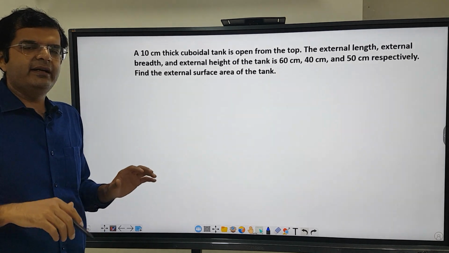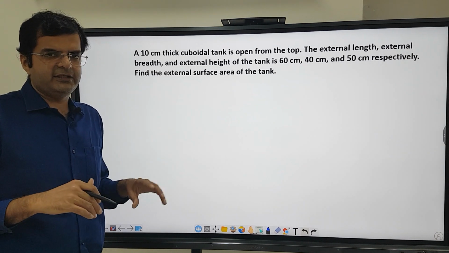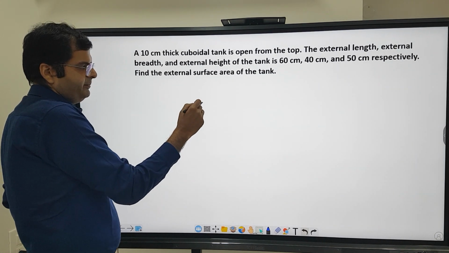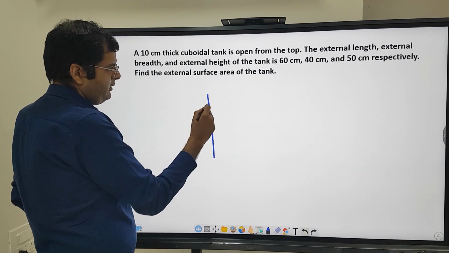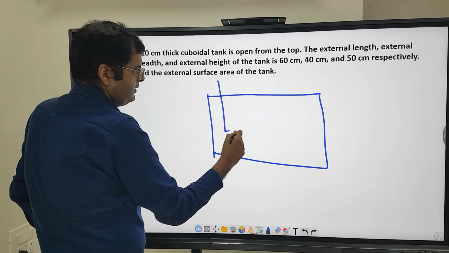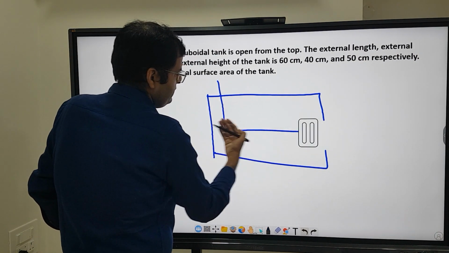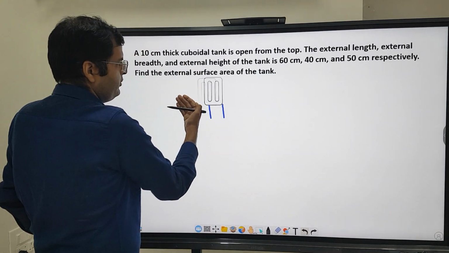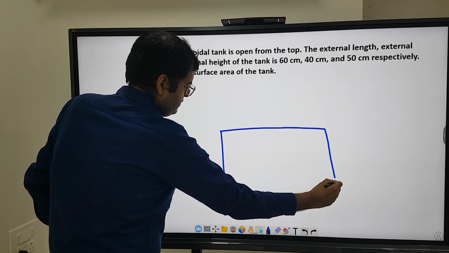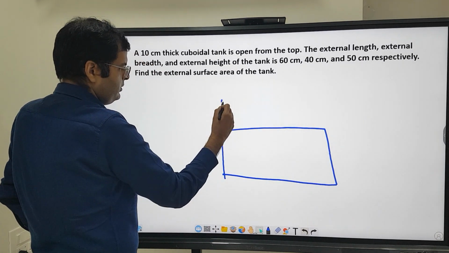Now if you look at it, a cuboid has 6 surfaces. Let me draw a smaller cuboid.